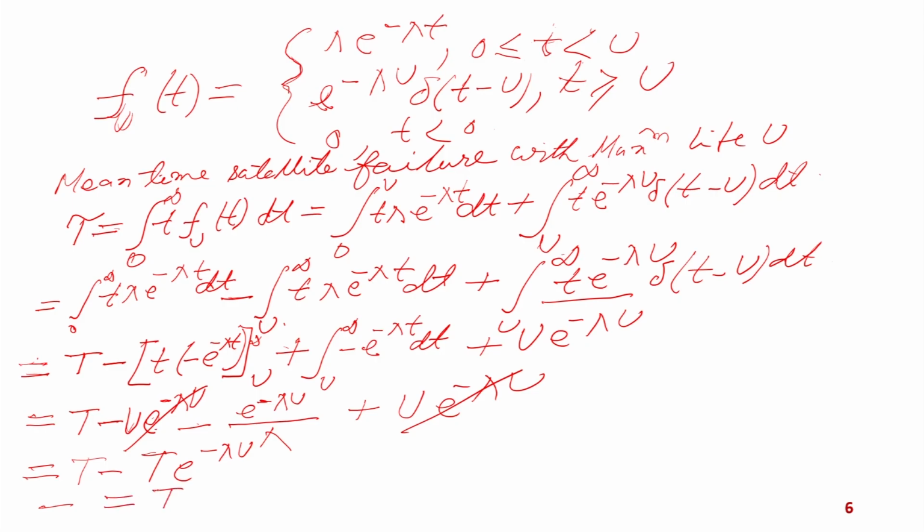So, I can write like this, and finally, I get the expression for the mean time of satellite failure, tau is equal to t into 1 minus e to the minus lambda u. So, now you see how we have got the expression of the mean time of satellite failure with a maximum life of u in terms of the mean time to failure and the maximum satellite lifetime, and lambda is the failure rate.